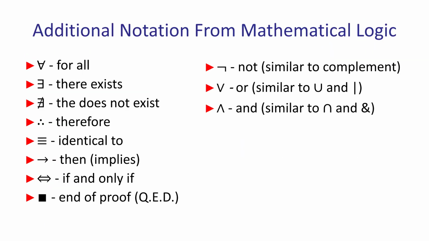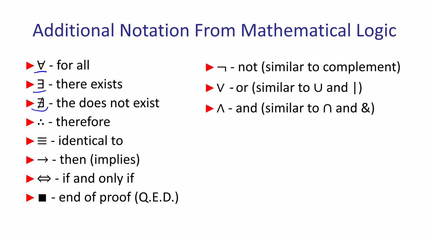Now I will show you a few additional things from mathematical logic that we could use, and they are very useful for shortcuts in writing different mathematical formulas. This symbol means for all. So this is kind of a flipped upside down A. This is a flipped left-right E, means there exists some element.